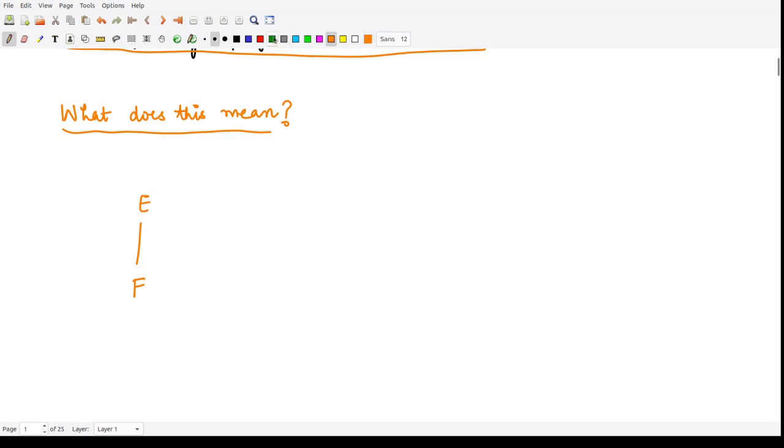So I have this field F. Now we are constructing an extension field E of F. Now we are defining the automorphisms by the mapping sigma from E to E. This is one mapping, say sigma 1.